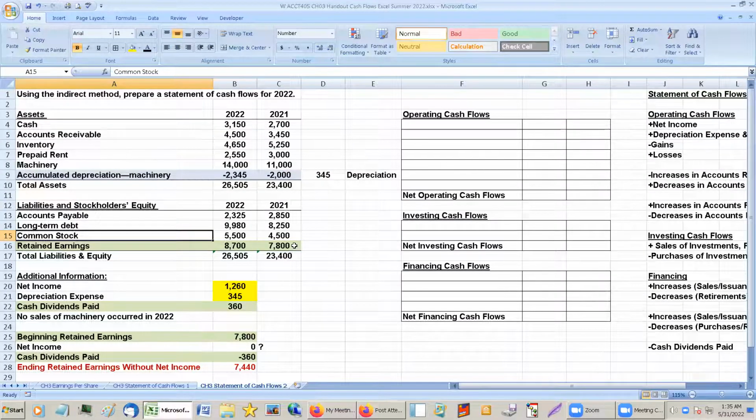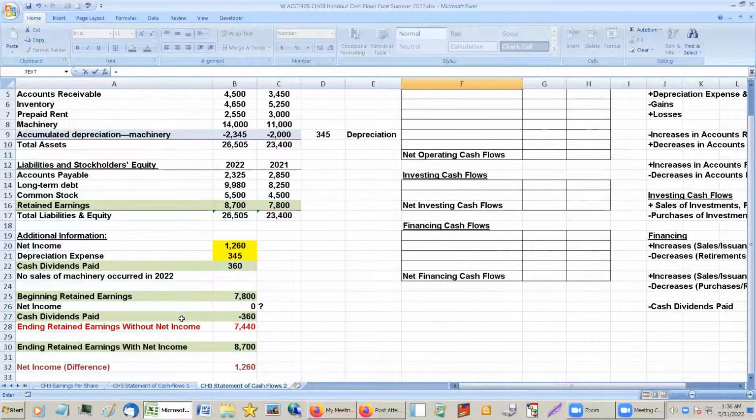And now we can jump into our statement. I don't think I made this anywhere big enough. Well, we'll give it a shot. Okay, so start out with our net income.